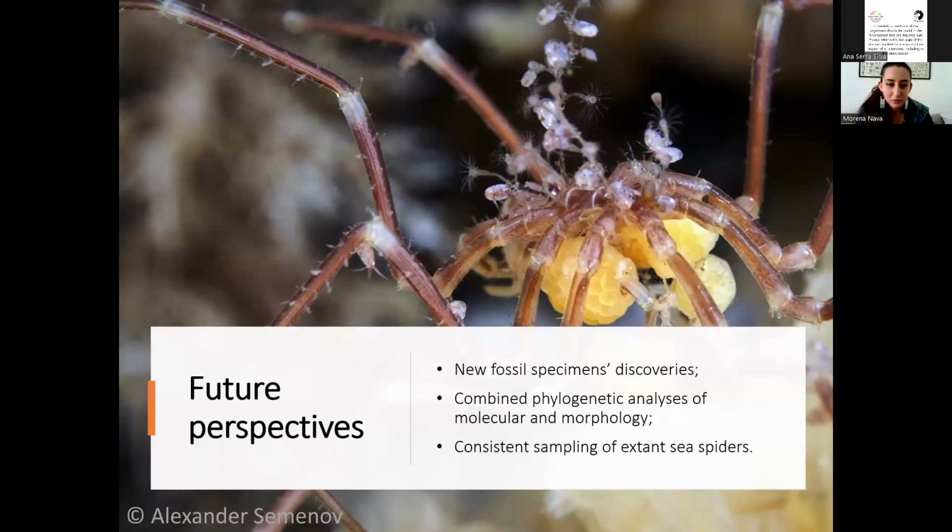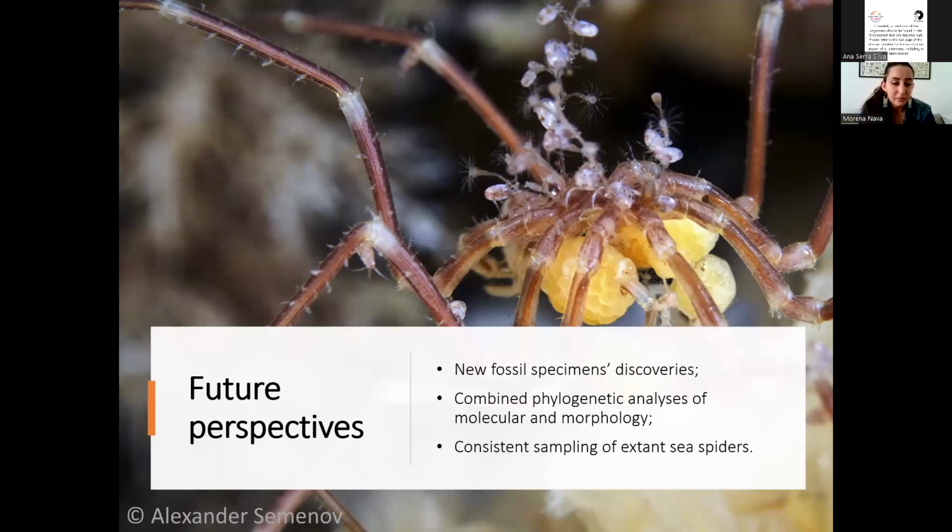What can we do to improve the knowledge we have on this topic? It's easy to say discover new fossil specimens, but this would be really great. This would be really interesting, to see the kind of sea spiders that you can find around in that period of time.